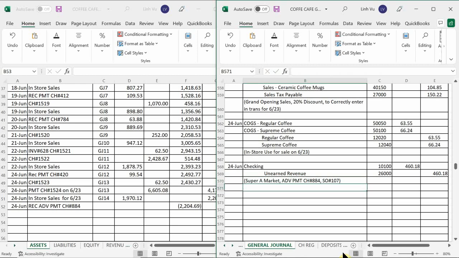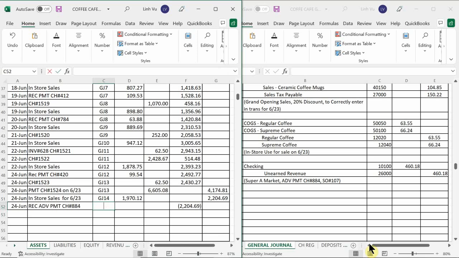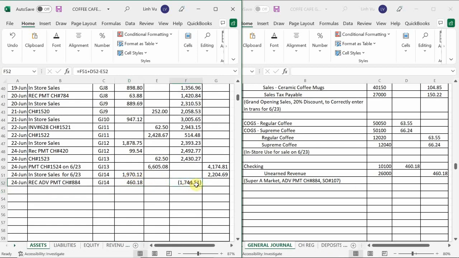Okay, for 460.18. So even if I deposited that number in there, we are still hanging in the negatives. Okay, what else?